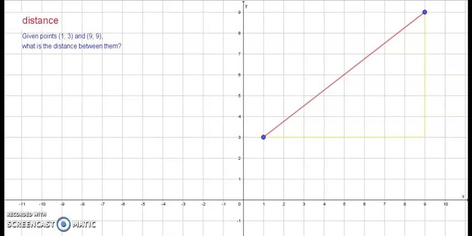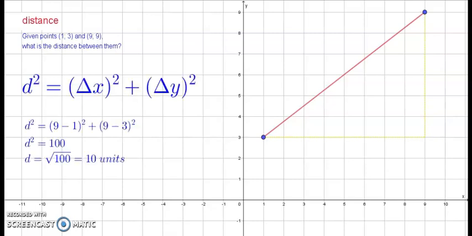So what we would say is, this distance here squared is equal to the change in my x's, right? So from here to here, how much has my x changed? What is the horizontal component of my distance? Plus the change in my y coordinates squared. So from here to over here, what is that difference?